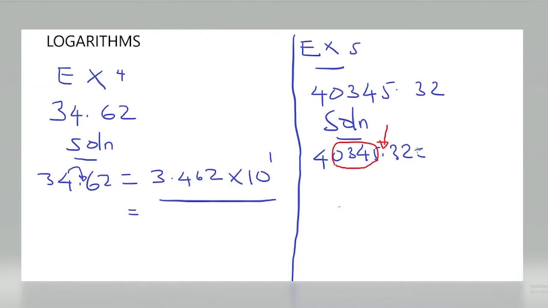This one will be equal to 4.034532, then times 10 to the power. How many numbers have I moved? Just move the numbers from here up to here. So they are 4. Okay, 1 2 3 4. Then it is 10 to the power 4, on the positive side. Okay, this is the answer.